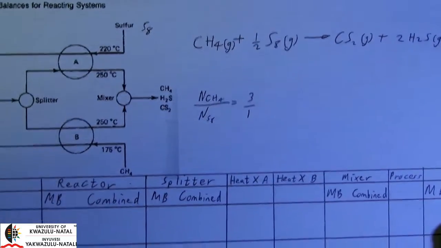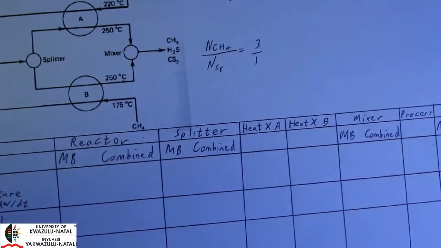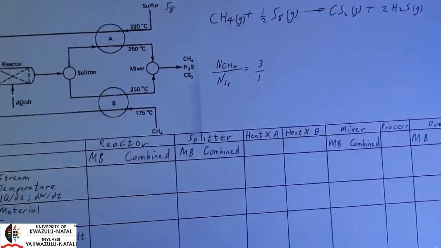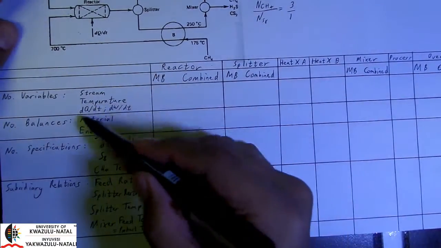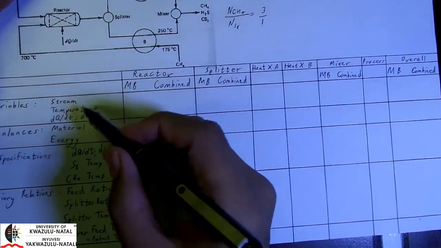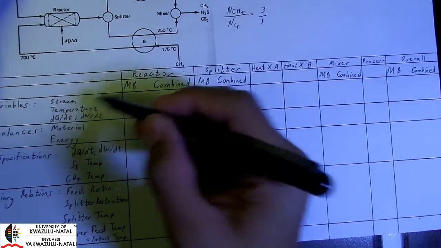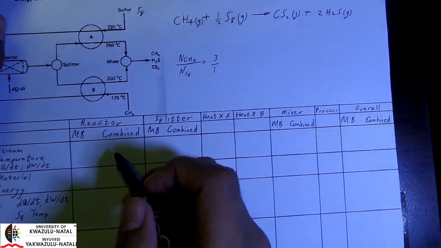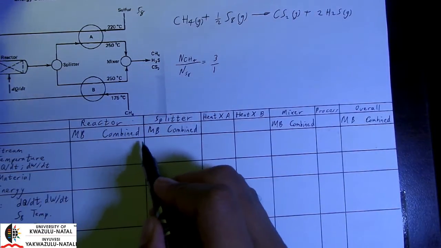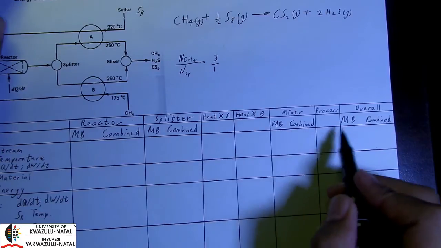So let's look at it in detail. Okay, so first an overview. I draw up my degree of freedom table as normal. However, there are certain things I need to consider and include when it comes to energy balancing.